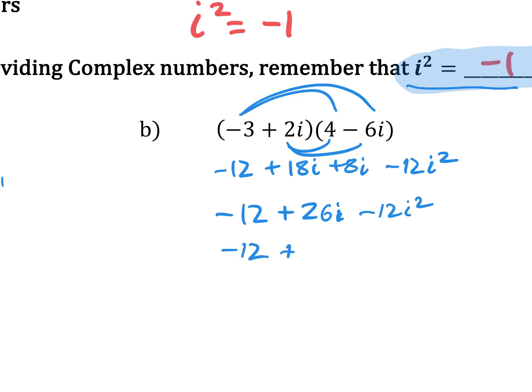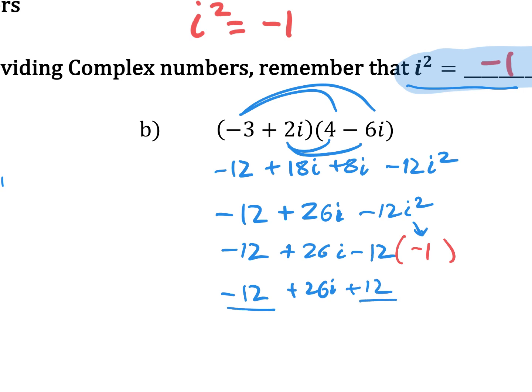So negative 12 plus 26i, and that's going to be minus 12 times i squared, and we swap that out for a negative 1. So i squared is worth negative 1 there. And we end up with negative 12 plus 26i and plus 12. And those cancel each other out. Negative 12 plus 12 is 0. So we end up with 26i.